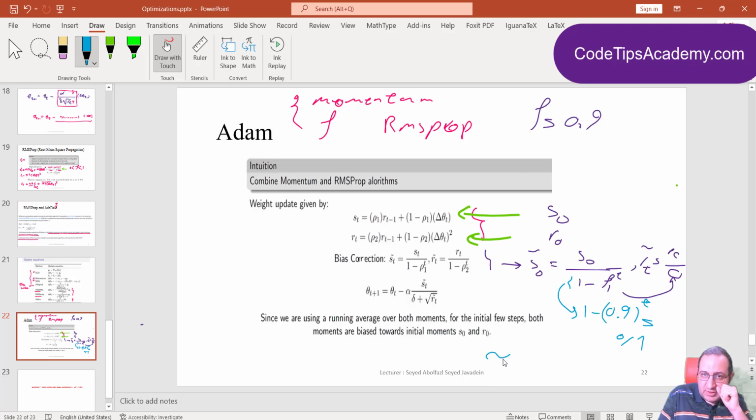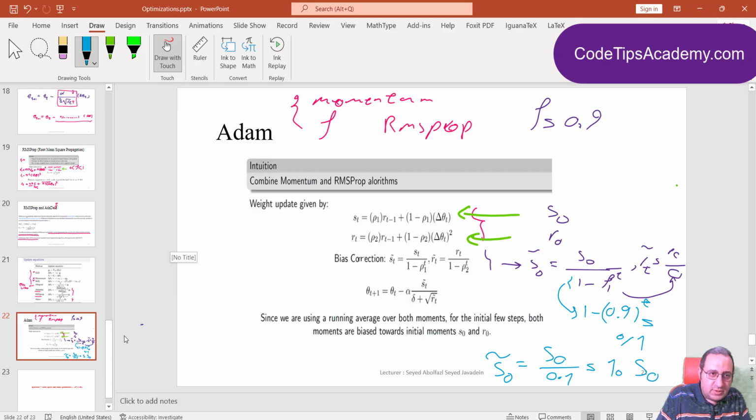What does this mean? This means that at the first steps S0 tilde is 10 times S0, because it is S0 divided by 0.1. This makes longer steps at the first steps to go forward to reach the global minimum. And Rt tilde is like this again.